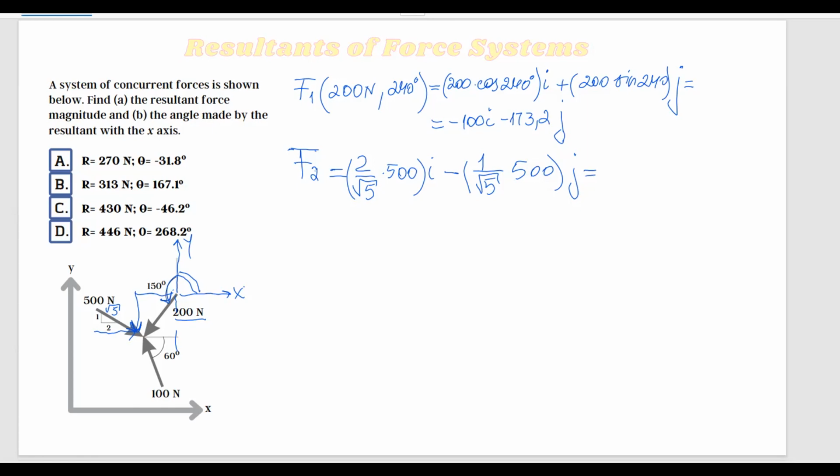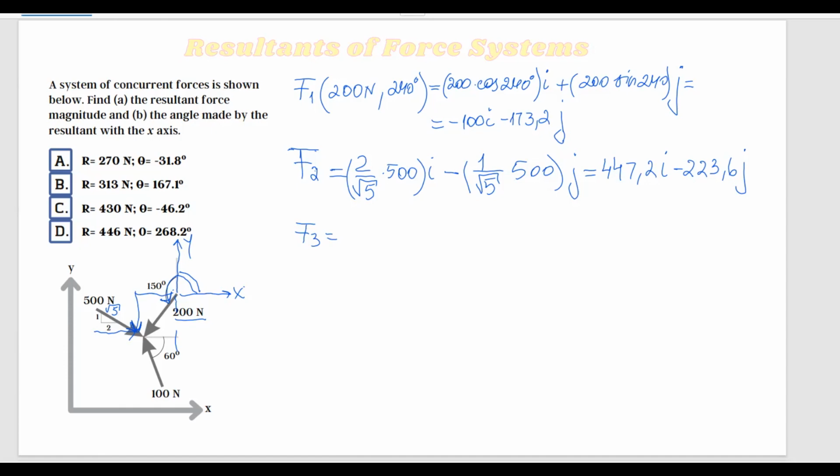So I have 2 over square root of 5, multiplied by 500, and get 447.2 I, minus 1 over square root of 5 multiplied by 500, which is minus 223.61 J.